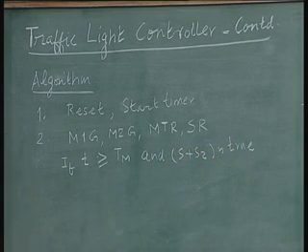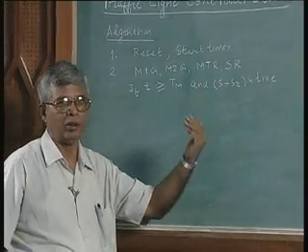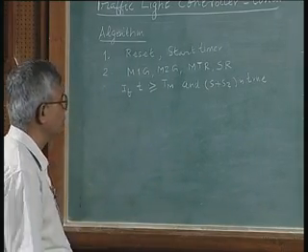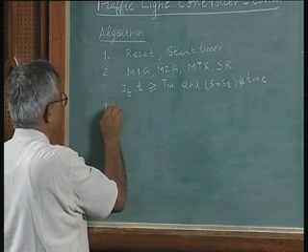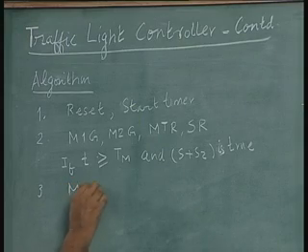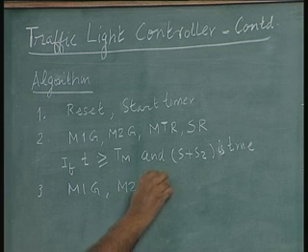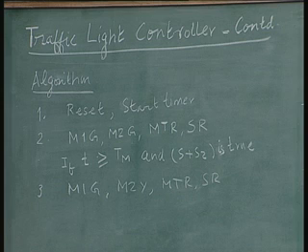That means after a specific time has elapsed in the main road green, and also if one of the two sensors S1 or S2 is activated, we will go to step 3, where we will retain our M1 green, M2 will become yellow, turn will be red, side will still be red.